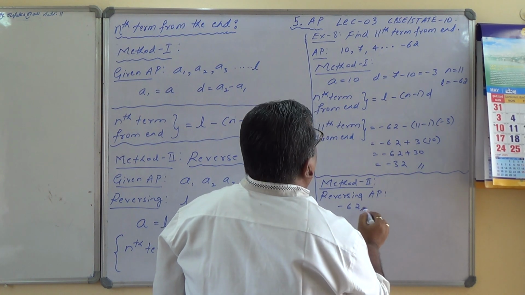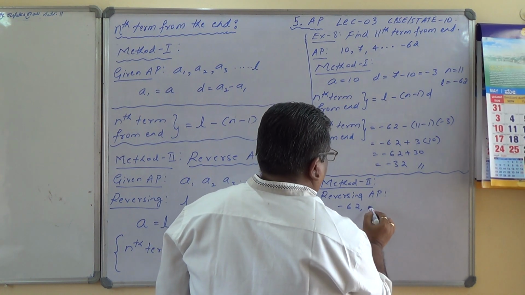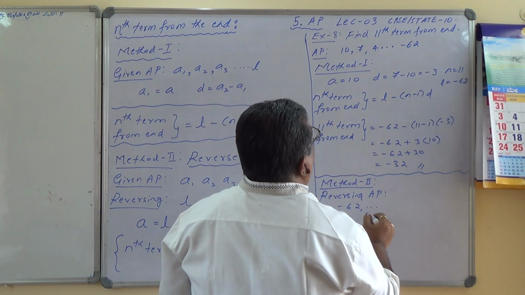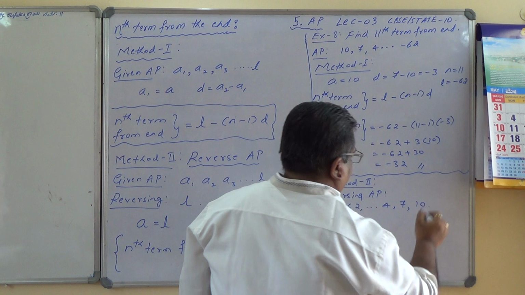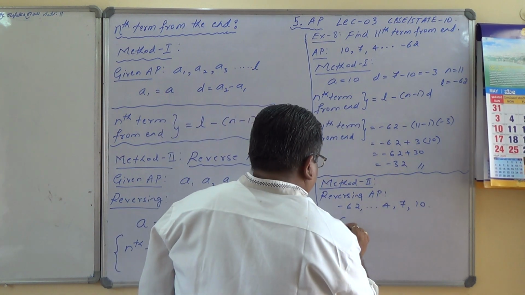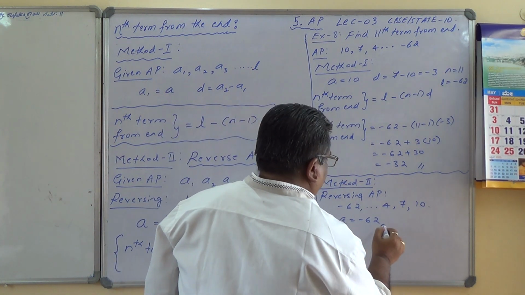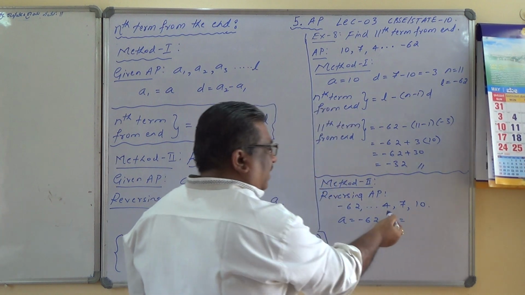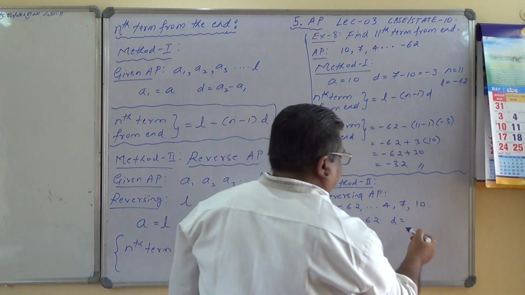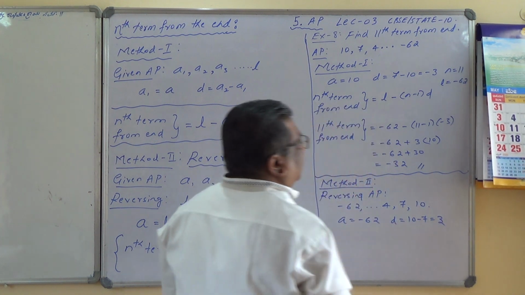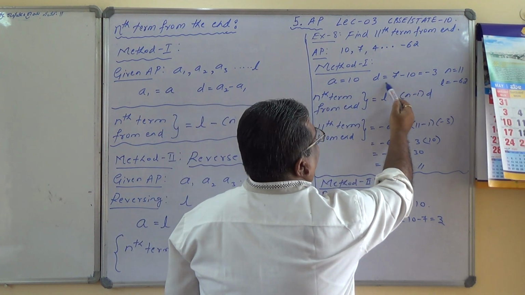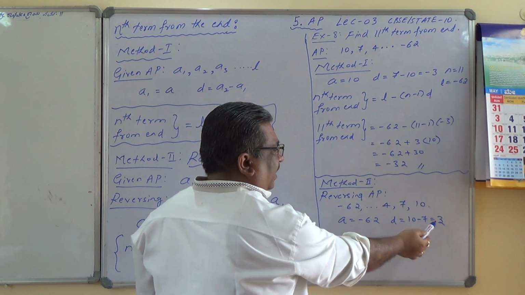Minus 62, dot, 4, 7, 10. What is A? A is equal to minus 62. d equals, use any of these three terms, 10 minus 7 equals 3 here. See, earlier the d was minus 3 and therefore now d is 3.